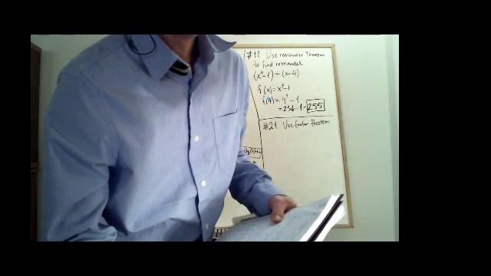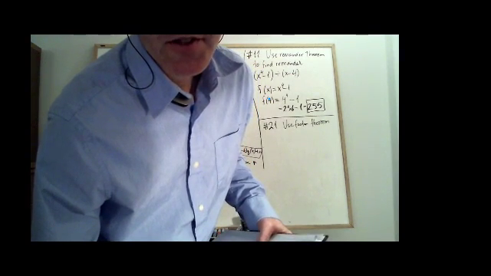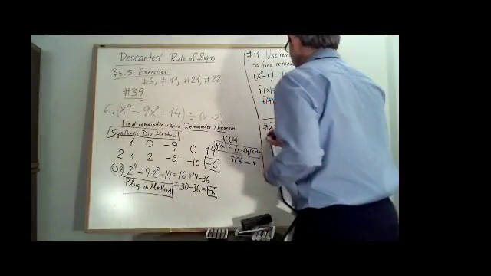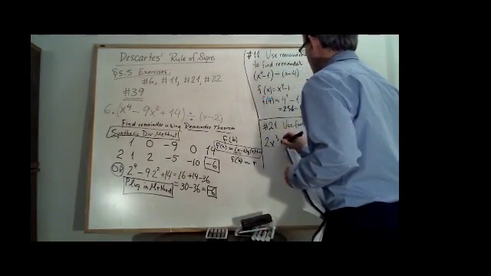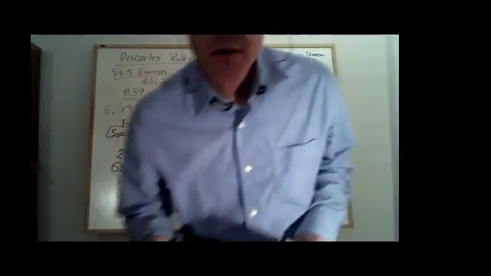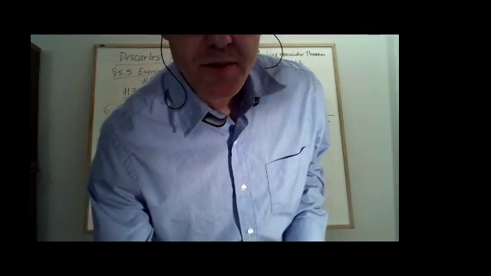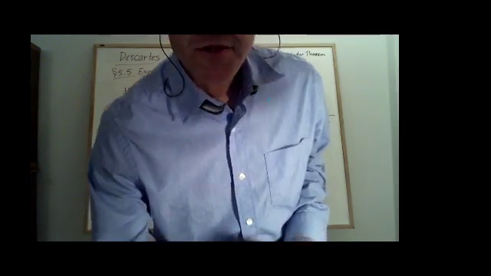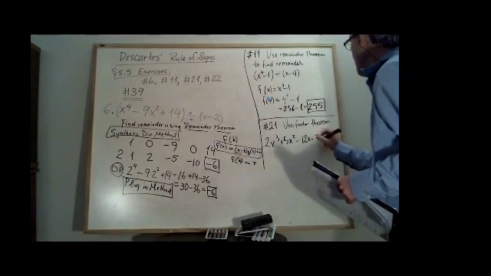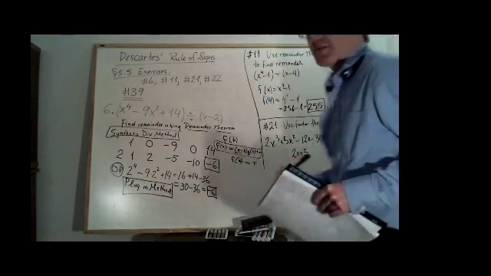And they give you the factor. Okay, so 2x cubed plus 5x squared minus 12x minus 30. And the factor that we have is 2x plus 5.